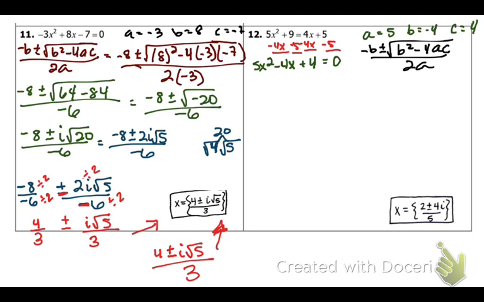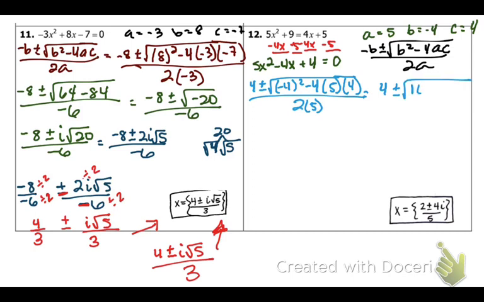Alright, so negative b. My b is negative 4, so that means that this negative and that negative make a positive 4. I have negative 4 squared minus 4ac all over 2a. This is going to be left with 4 plus or minus 16, and then you're going to do negative 4 times 5 times 4.